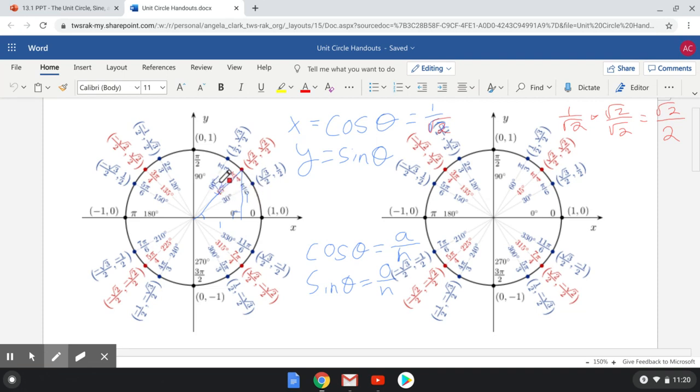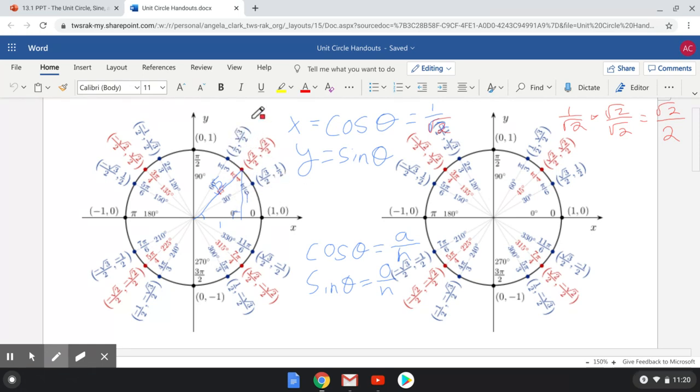So 1 over the square root of 2, which again is square root of 2 over 2. And that's the main one that we have with this, because we're only really using 30, 45, 60, and 90 degree angles.